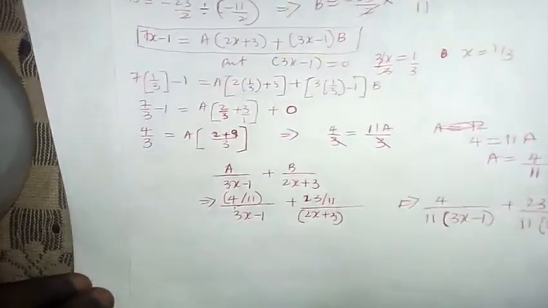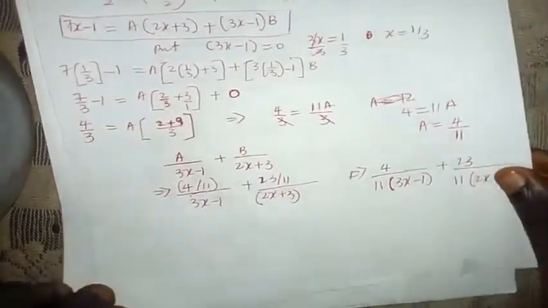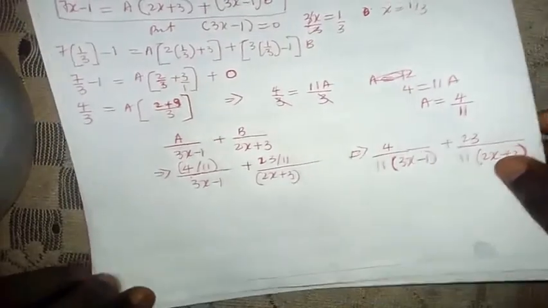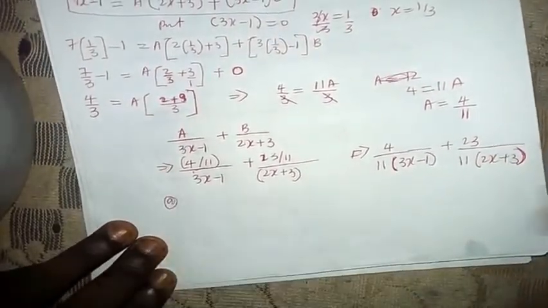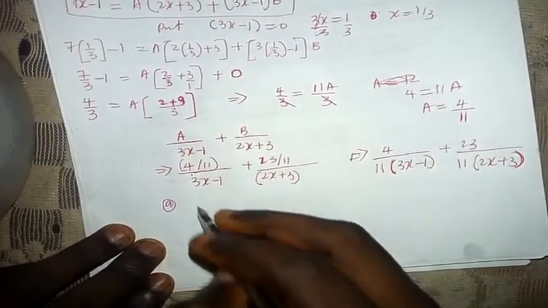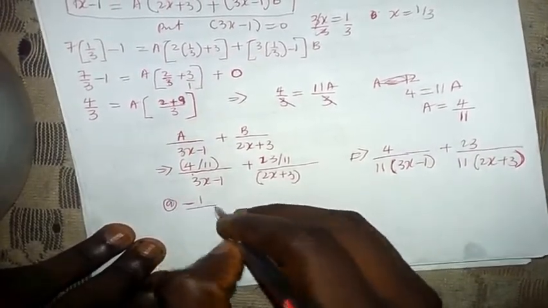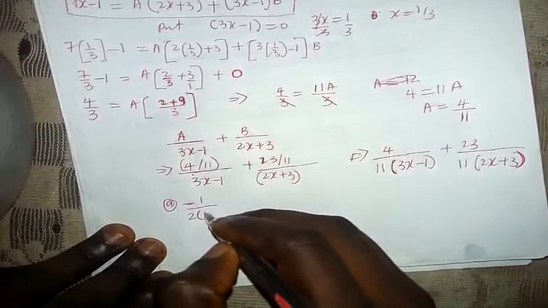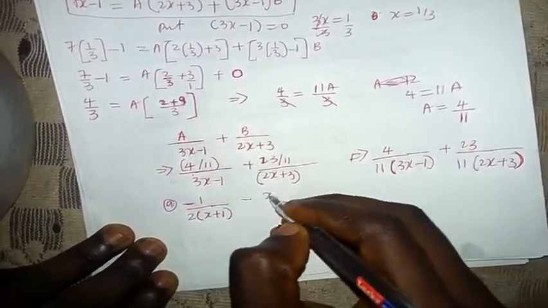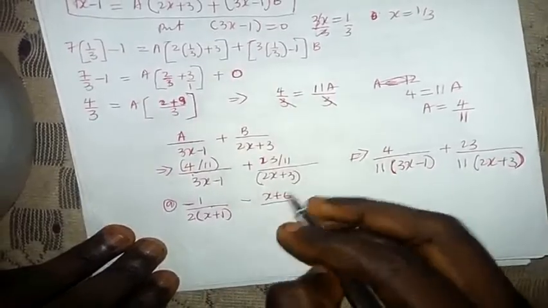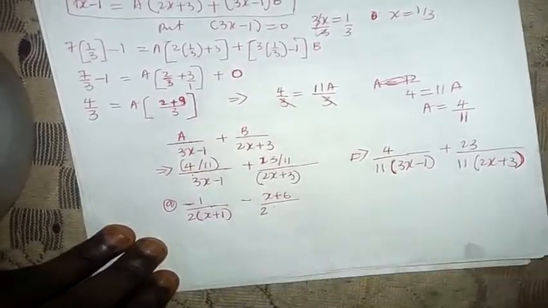The trick right now, in the options given to me for the one I just solved. The options here, option A is, minus 1 over 2x plus 1 minus x plus 6 over 2, no, I'm sorry.